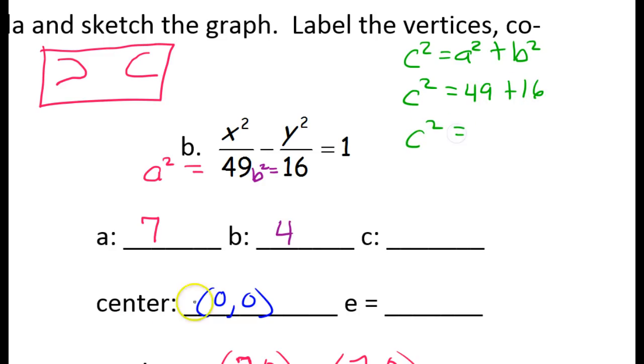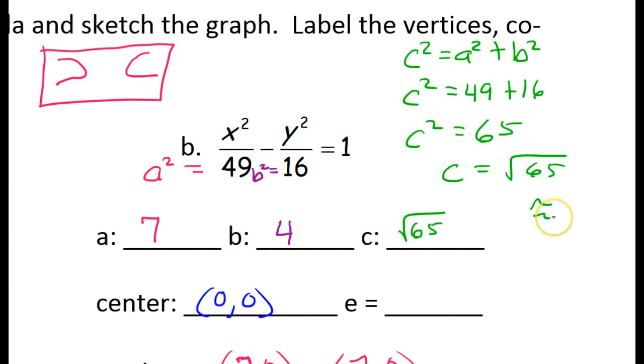So c squared is equal to 65. Taking the square root of both sides, c is equal to the square root of 65. Okay, and this does not simplify. So I'll just put the square root of 65. This is approximately equal to 8.1. I'm just going to use this for graphing purposes.